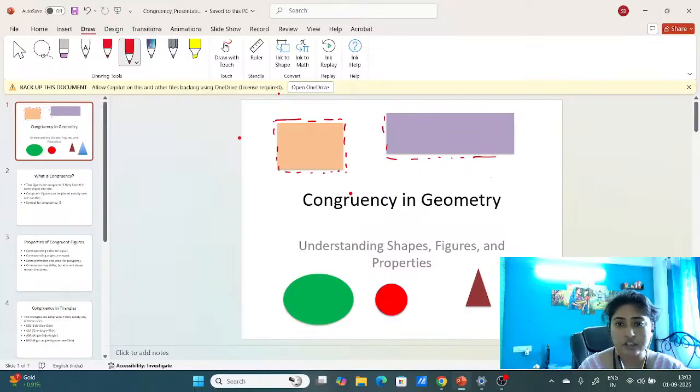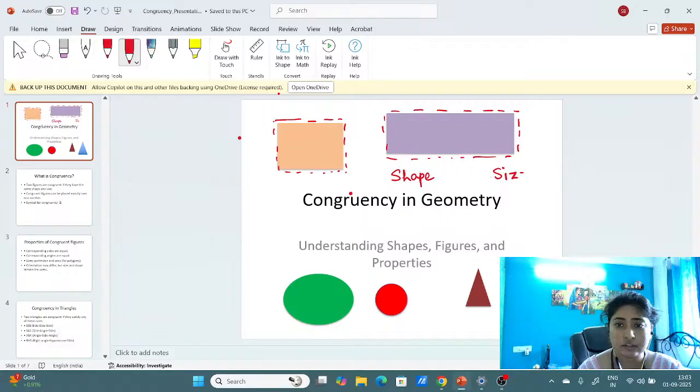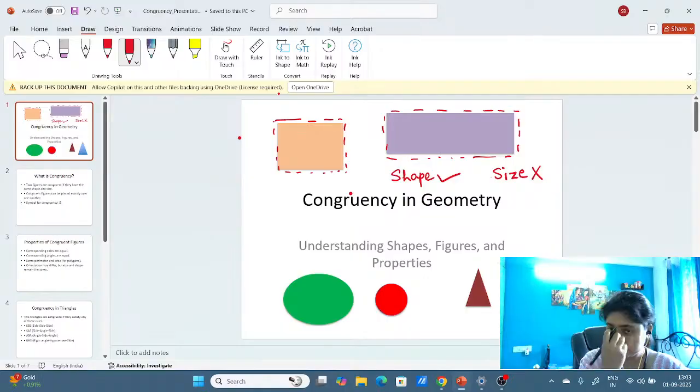Are they same? Do they have same size? Do they have same shapes? So what will be your answer? What about their shapes and size? I think your answer will be, ma'am, they have same shape, but their sizes are not same, right? So they are of different size.